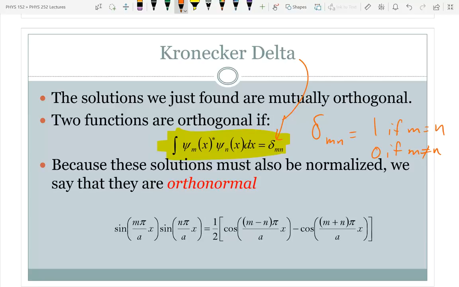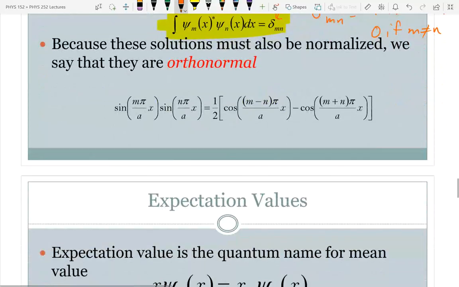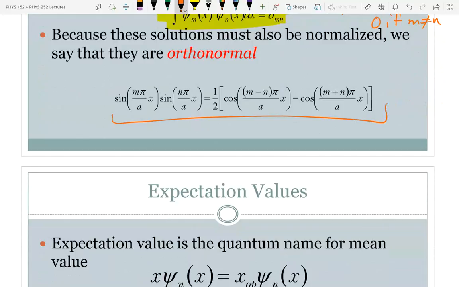Together we call it the orthonormal condition. This here is using a trig identity to make the integral easier. You're going to have 1/2 times cosine of the difference of m and n times pi over a x, minus cosine of the sum of m and n times pi over a x.